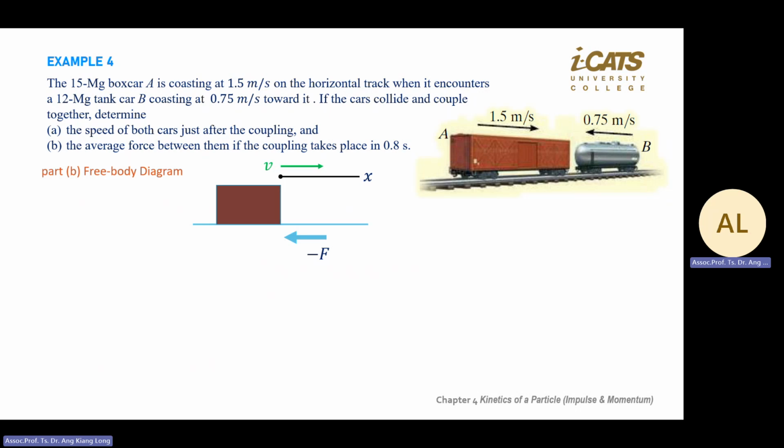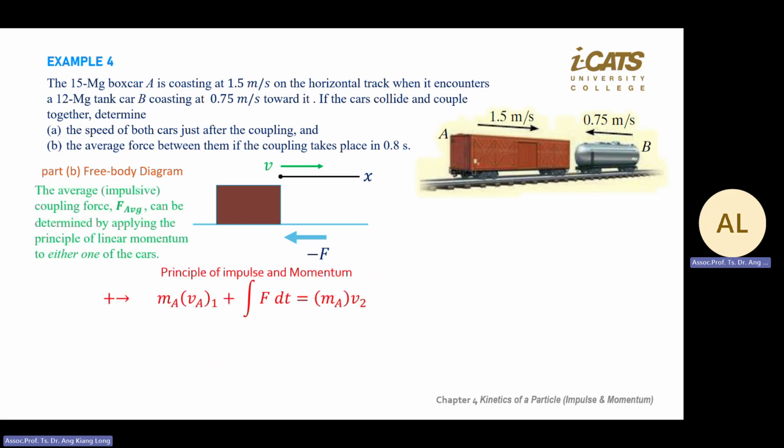You hit something, something is meeting your face. So it's the same as the normal force that I discussed in the class yesterday. So don't simply put your arrow somewhere else. There's a meaning to where you put the force. So here you have negative F pointing to the left.